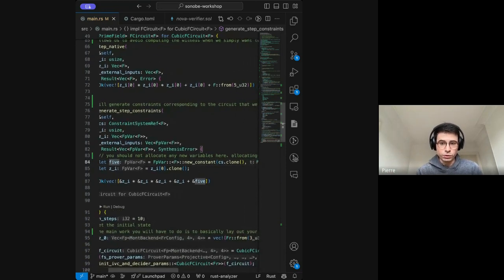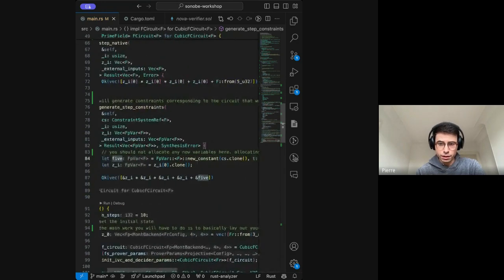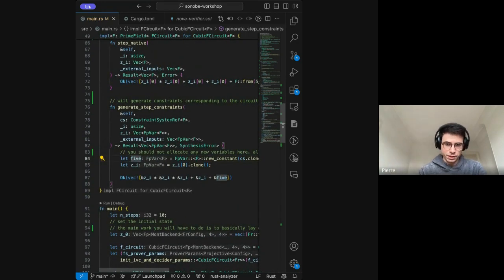So for instance, what we do here, we allocate a new constant. It's okay because it's not a witness value. We also make a copy, we clone the original initial Zi value, and we return within the state the cube of that value plus this value and 5.